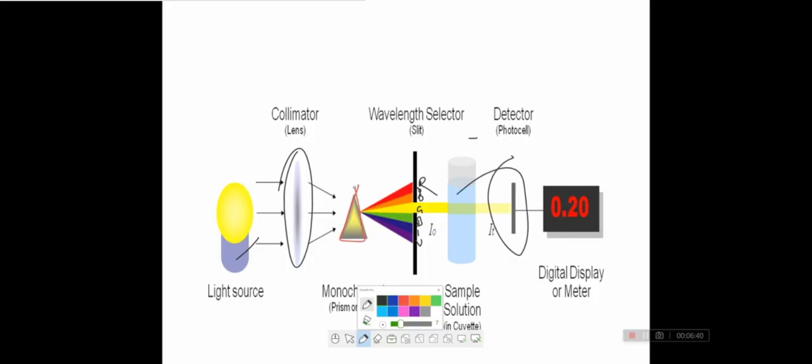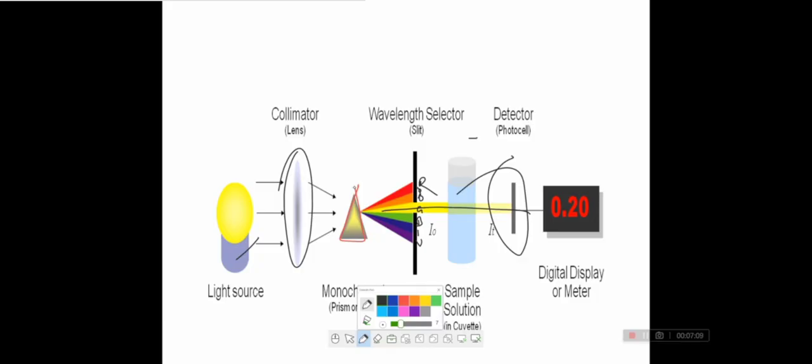We detect the light performance or intensity of the light source. Which color of the light, the intensity of which color of the light is more, is determined by the photocell.